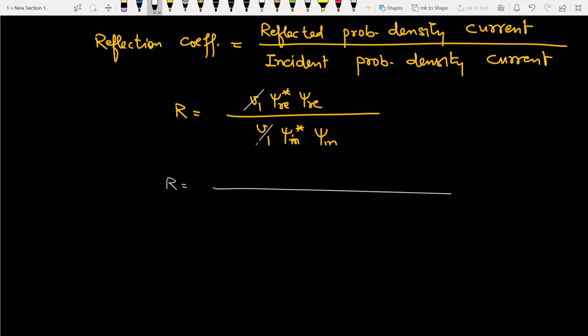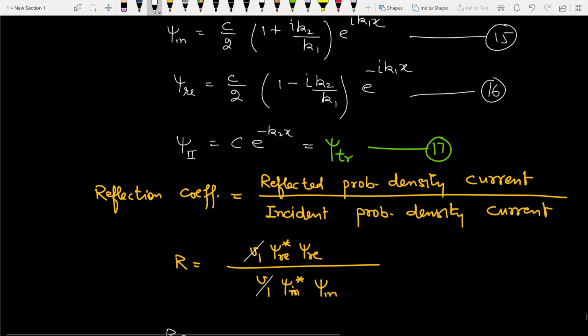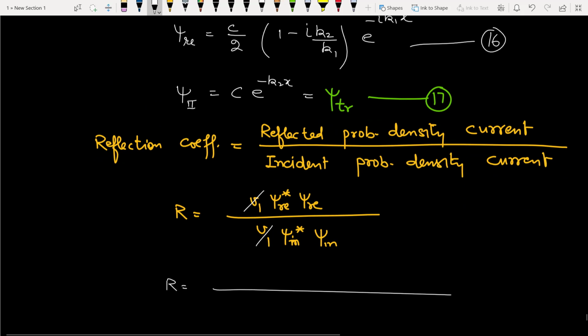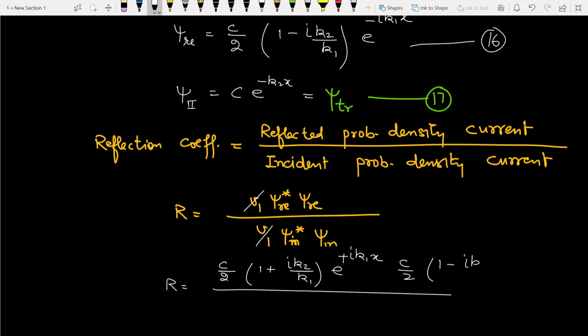v1 cancels. Psi RE will be c by 2, 1 minus iota k2 by k1 e raised to power minus iota k1x. It is star, so we write here plus. The simple wave function is written in the same way, because in the complex conjugate iota is changed into minus iota.